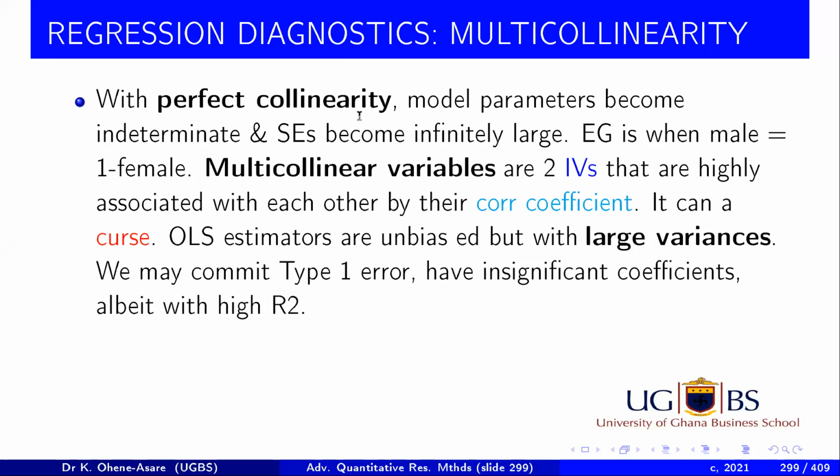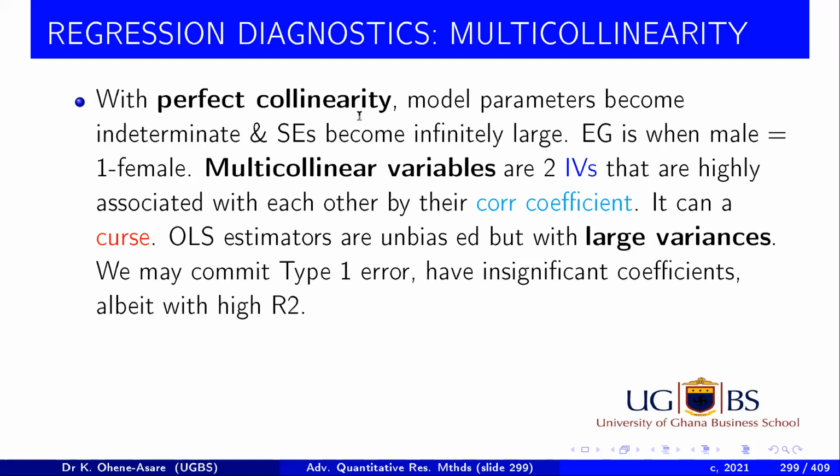What is multicollinearity? Multicollinearity exists when two independent variables are so highly correlated that it becomes difficult to disentangle the partial effect of one of the independent variables from the other on the dependent variable. It becomes hard to separate those partial effects because the two variables are close.